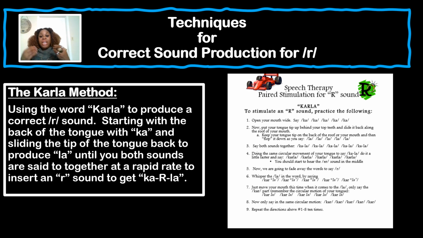These are methods that we use to train the motor part of the brain that controls speaking. It's like when I make the decision to move my hand like this. I just made the decision without thinking about it. That's what we want your child's brain to do with sounds they're saying incorrectly.